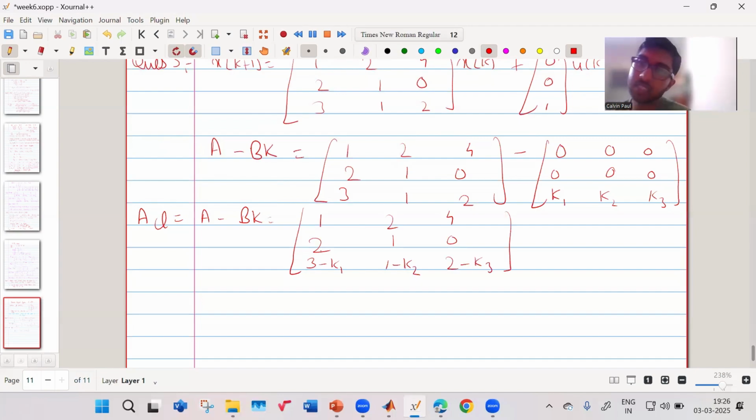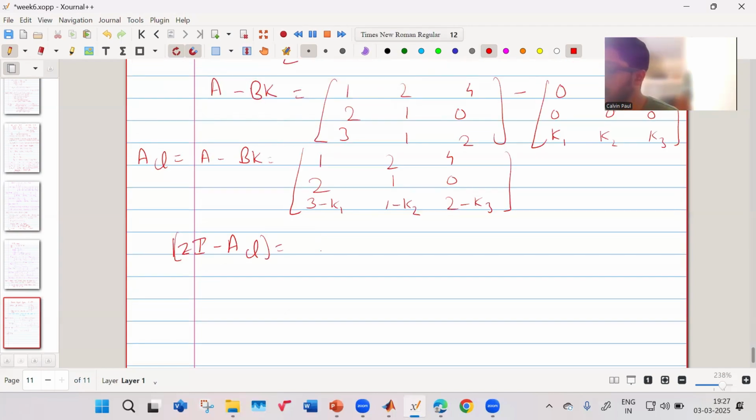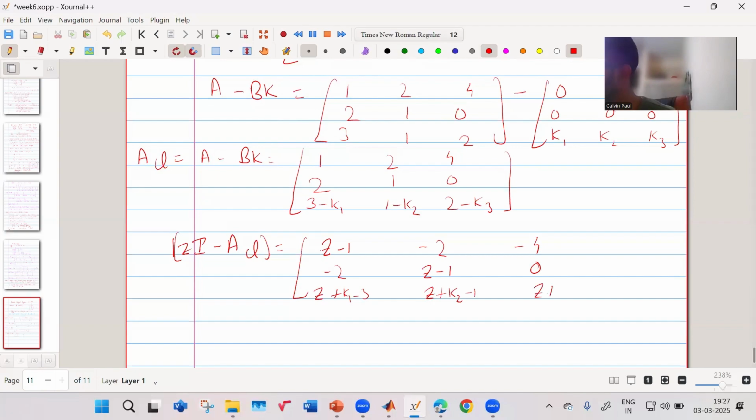Now we have to find the characteristic polynomial. So we have to do zI minus A closed loop. This time we have to use the term z, we cannot use the term s, because we are doing digital. So zI minus A closed loop is [z-1, -2, -4; -2, z-1, 0; K1-3, K2-1, z+K3-2].